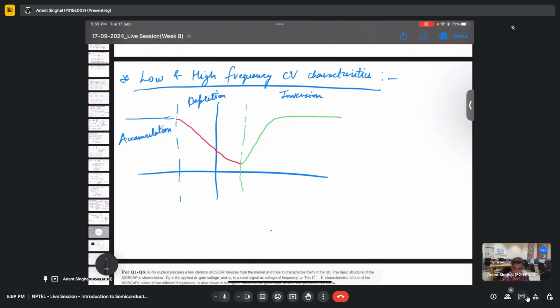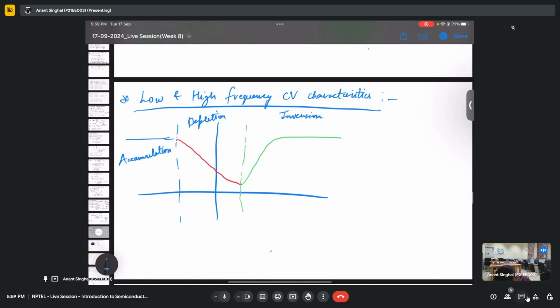Basically accumulation happens once we apply a negative voltage, let's say a negative voltage, I'm writing minus minus, and we have this SiO2. So accumulation happens because of the holes, and holes are what? The majority carriers. So the time that is required for the majority carriers to come at the surface is very less as compared to the minority carriers.